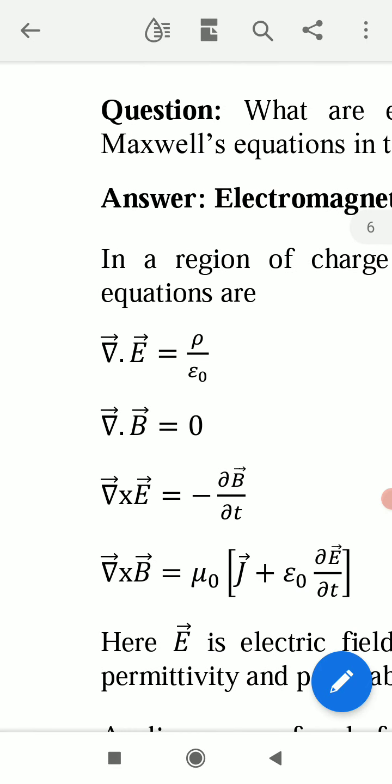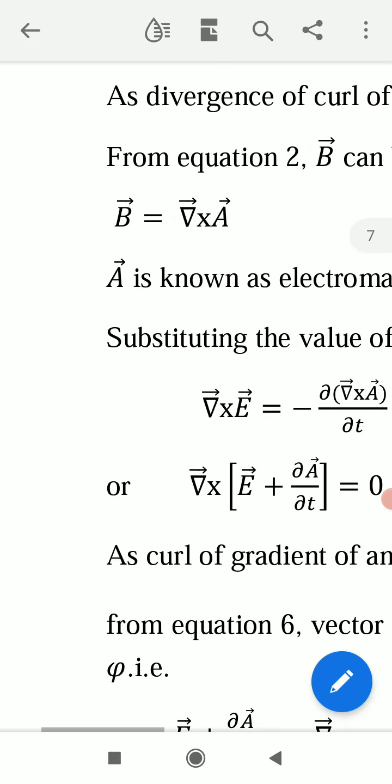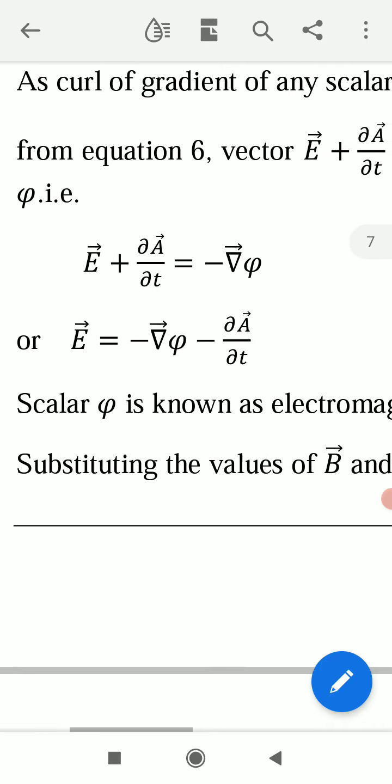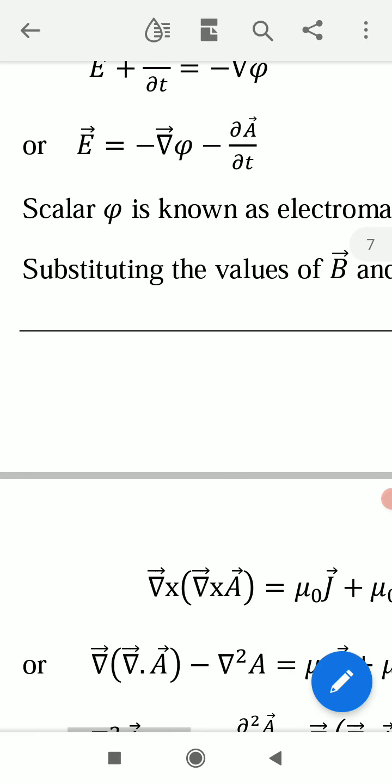First equation is del dot E equal to rho upon epsilon 0, and in this equation we put the value of E vector from this relation: E vector equal to minus del phi minus delta A upon delta t.